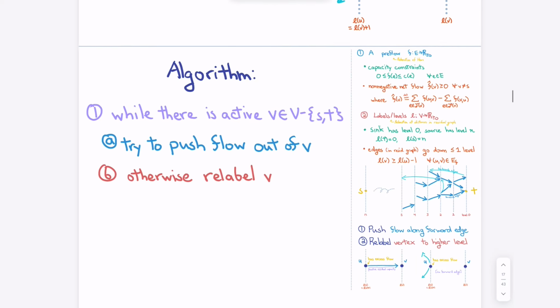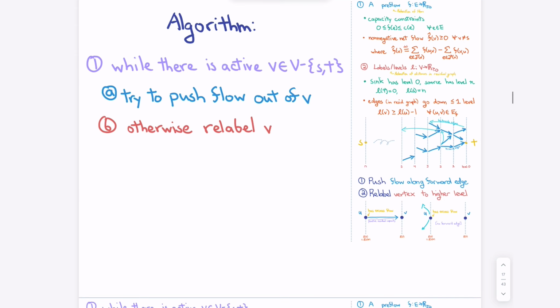Okay, so arguably this algorithm, it's not at all obvious what's going on. It's not clear that it works. It's not clear that it terminates. It's not clear that it gets a max flow. There's lots of questions about this algorithm. But if you're coding it, it's pretty simple. The operations at play are very simple.